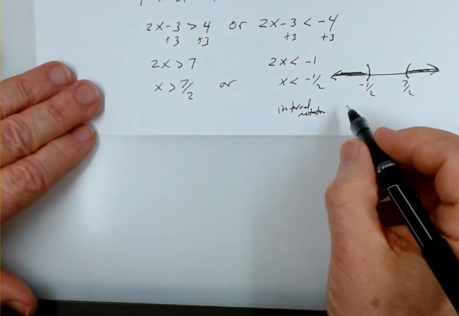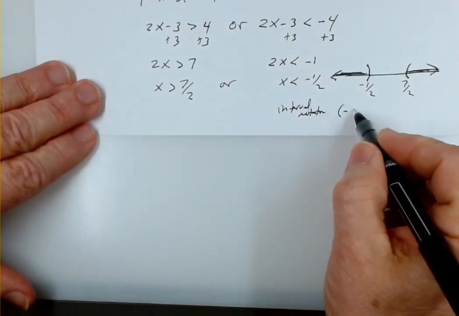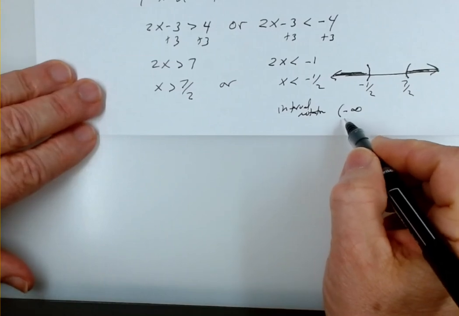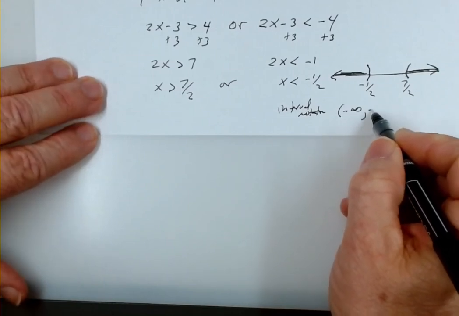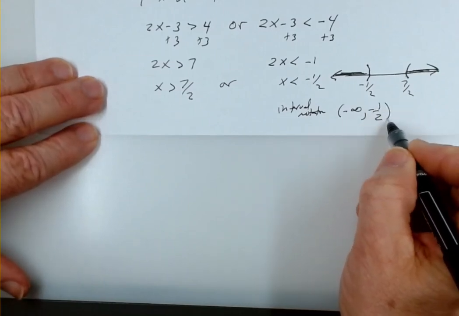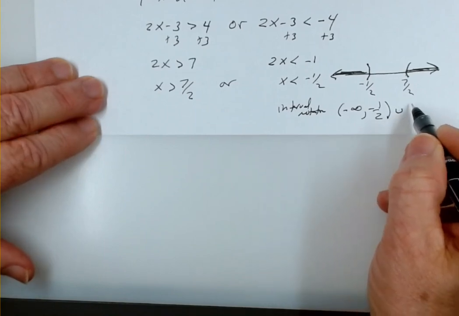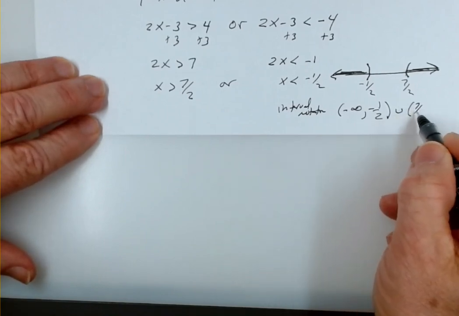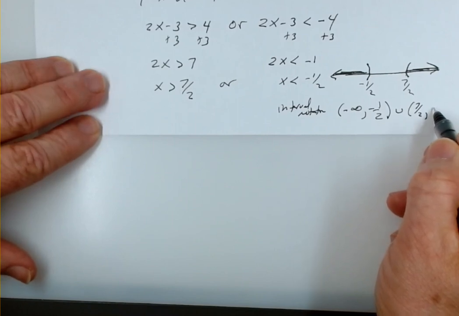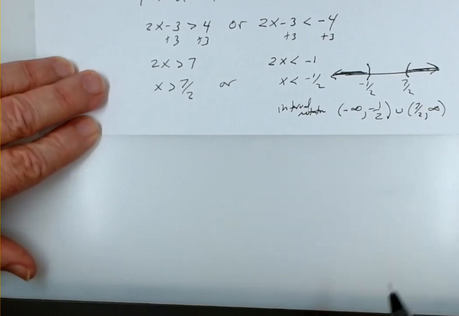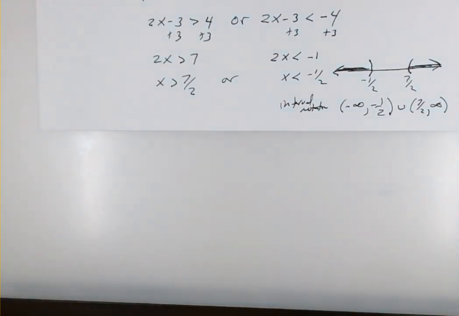Bracket, negative infinity, comma, negative 1/2, parenthesis. Union, parenthesis, 7/2, comma, infinity, close bracket. Oh, no brackets, parentheses. Yeah, there's no equal signs.